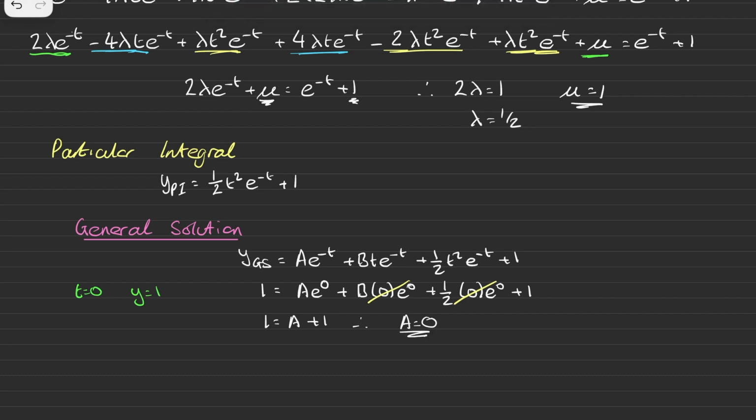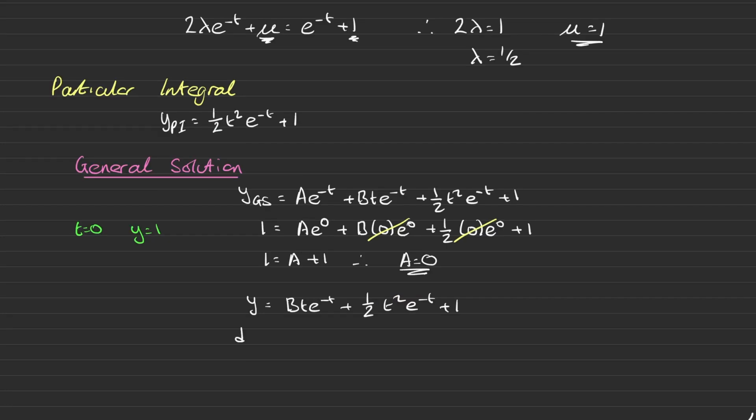And now to find the value of b, we need to work out dy by dt. So we need to differentiate y. If I just substitute in first that a is 0, then this term will go. So dy by dt, we'll differentiate this using the product rule. So we'll have bt multiplied by negative e to the negative t plus the b e to the negative t.